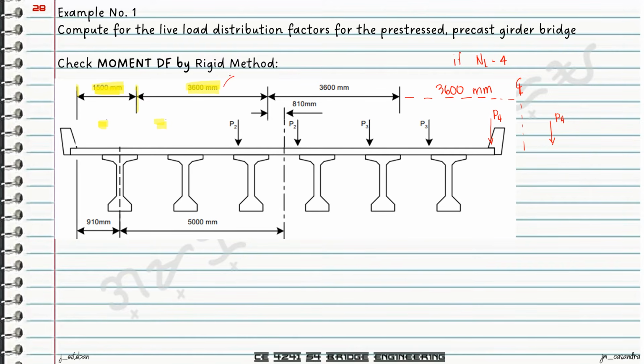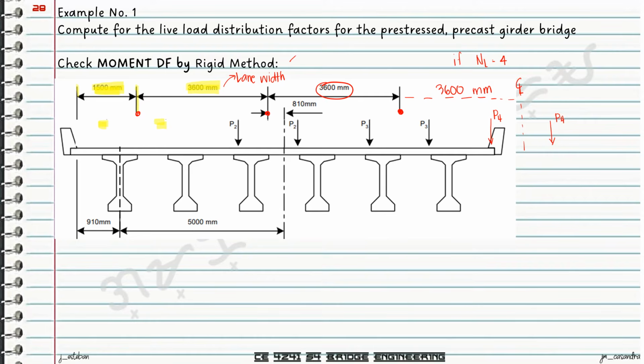So 3,600 is your lane width, and it simply means that the distance between the center lines of your vehicles will also be 3,600. Okay? So for the rigid method, we'll have to consider all of our lanes.